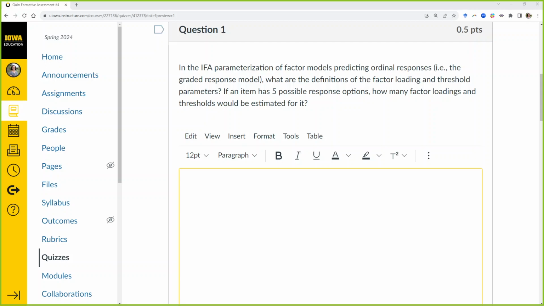We haven't talked about partial credit models yet in this course. It is coming eventually, perhaps today, so you can see the differences soon.